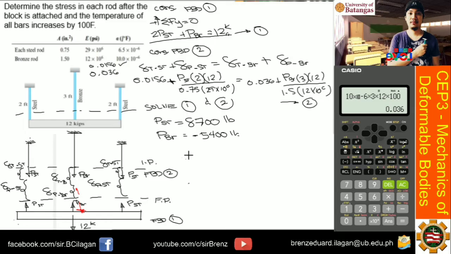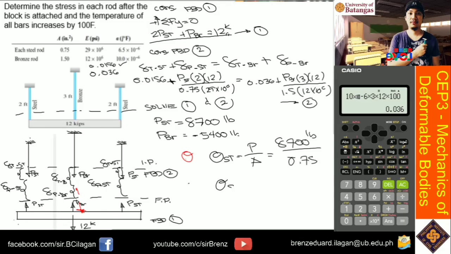Okay. So, stress lang naman ang ino-compute dyan. No worries. Stress ni steel is equals to P, walang kamatayang P over A. That is equals to 8,700 pound divided by the area of the steel rod given naman sa problem na 0.75. We have an answer for the steel.